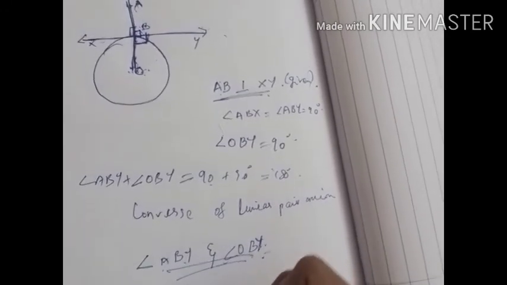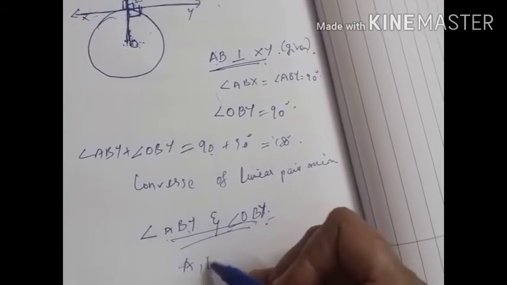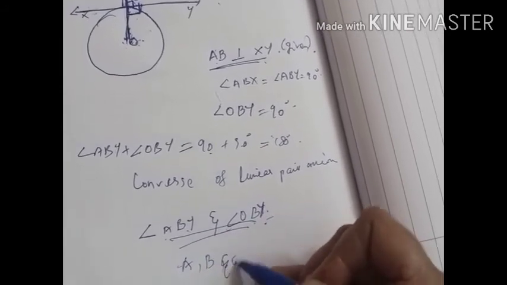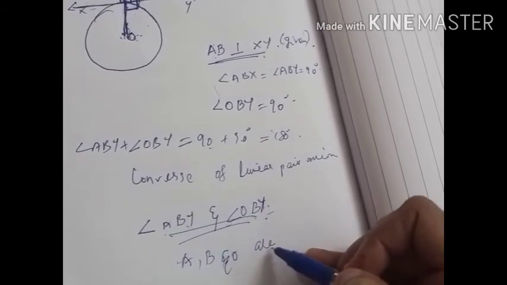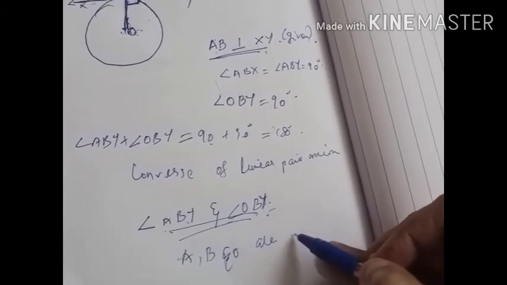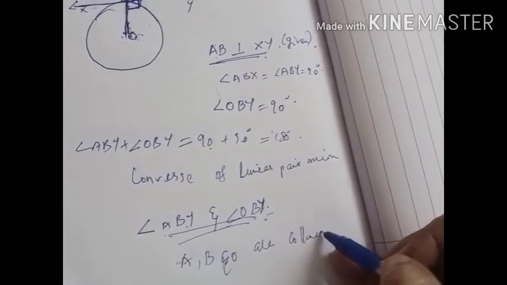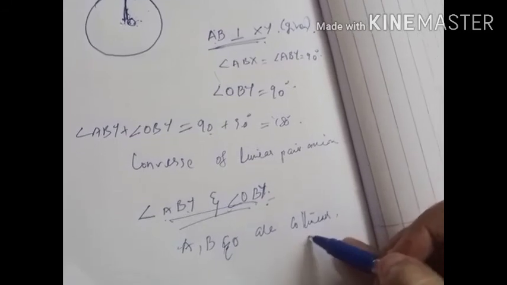So we can say that A, B and O are collinear points. Collinear means on the same line.